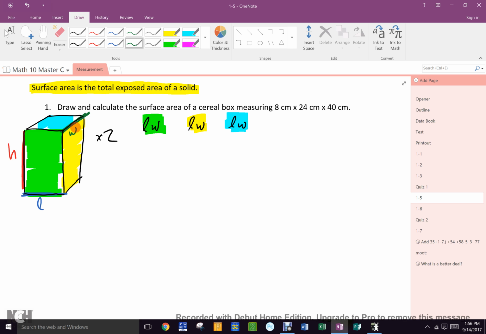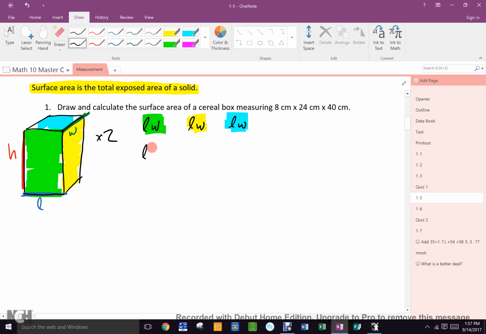Right? It's one dimension times the other dimension. So all I have to do is recognize that I need all those measurements, and it doesn't matter what they're called. How will I find this green area with the letters the way we have them?